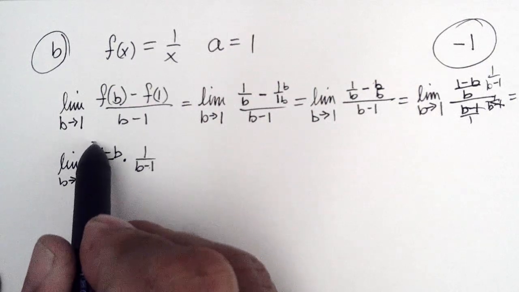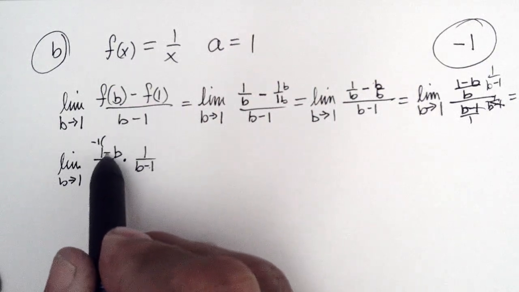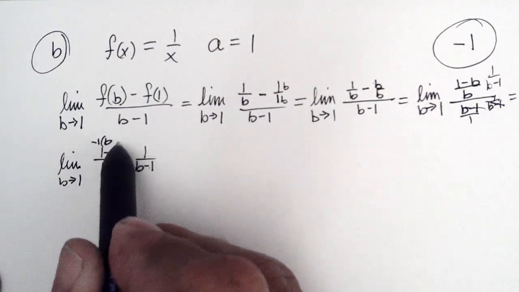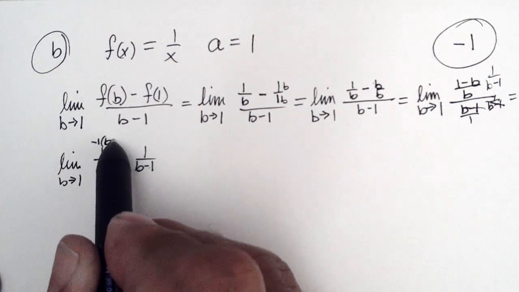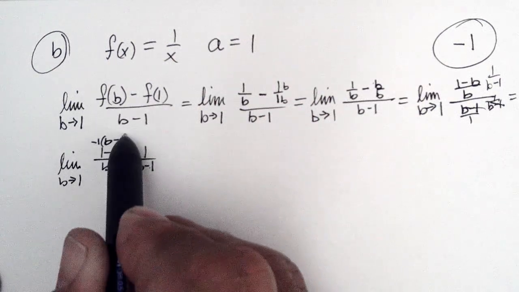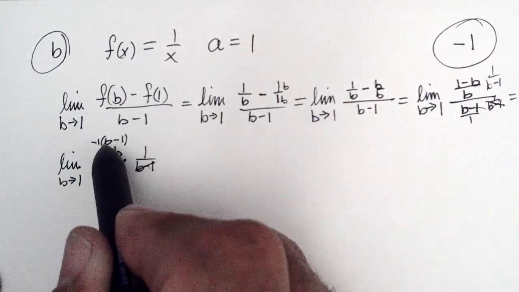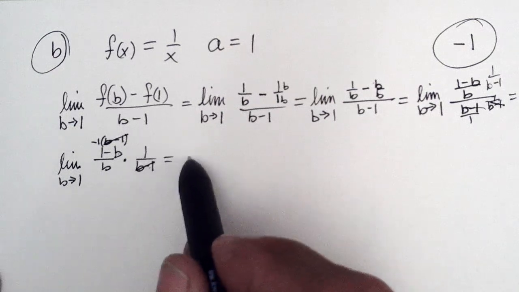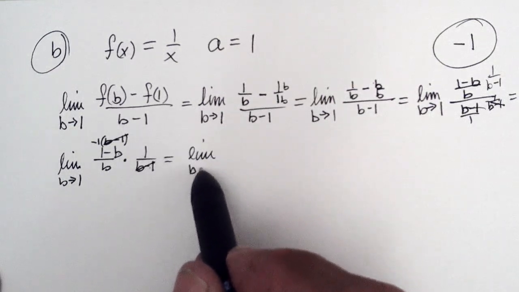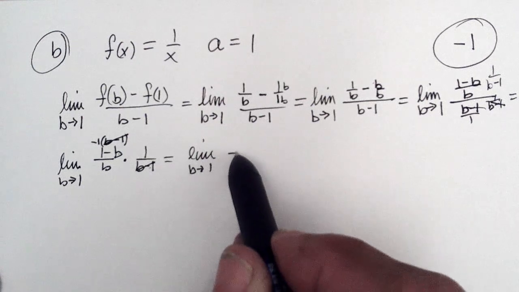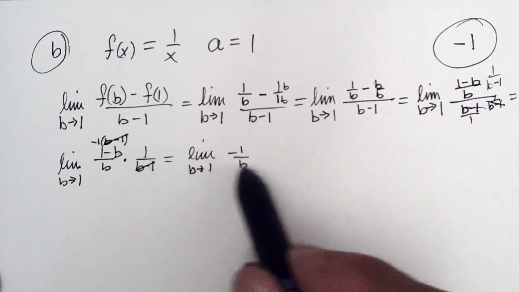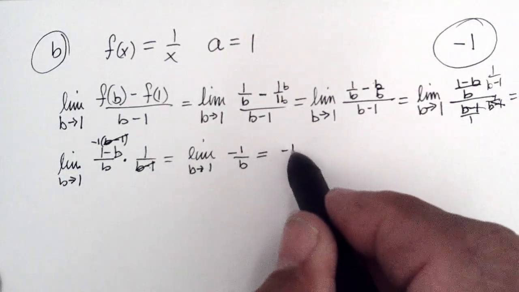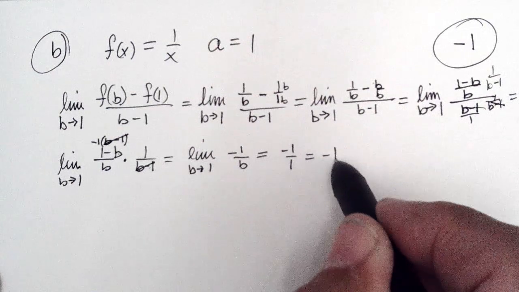So I can factor out a minus 1, and this becomes minus 1 times b minus 1, which makes 1 minus b, and this becomes... and now this cancels, and I get the limit of minus 1 over b, and if I put in 1 into this, I don't get undefined, and I get minus 1 over 1, which is minus 1.